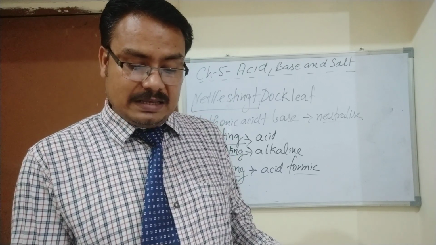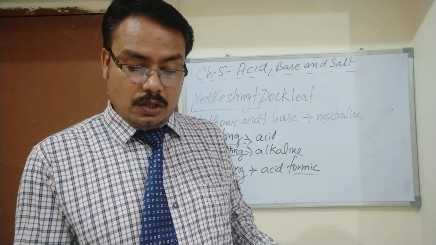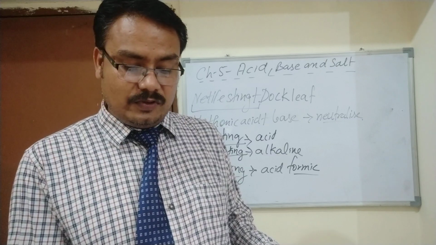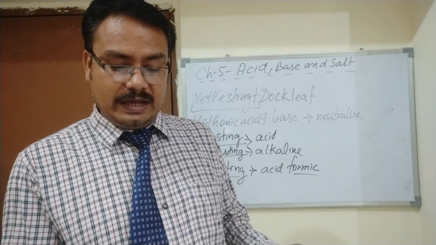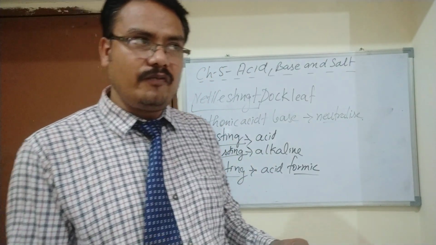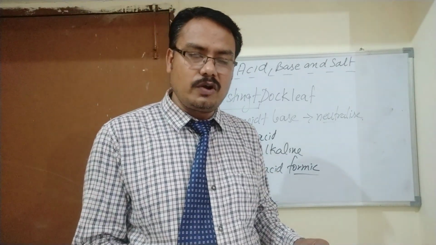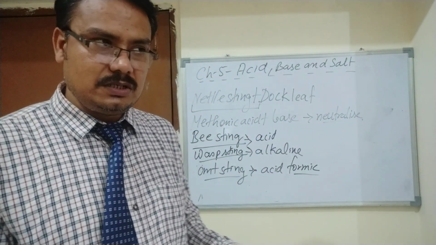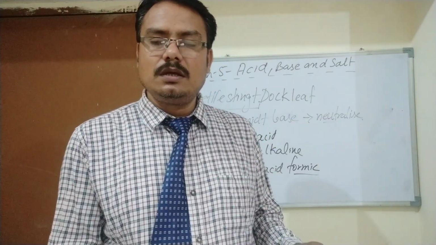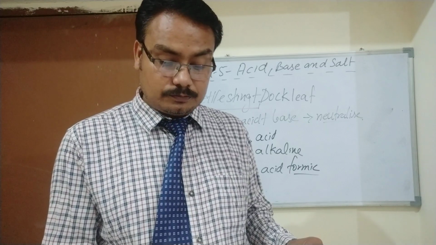If the soil is too basic in nature, organic matter is added to it. It releases acid which neutralizes the base. So we use organic matter that releases a type of acid, and when it comes in contact with the base present in the soil, it neutralizes it and makes it neutral.